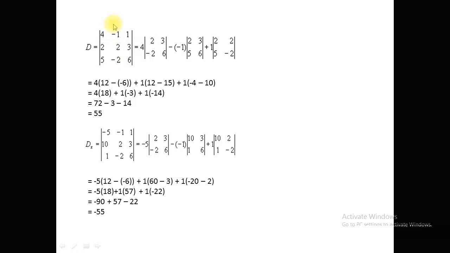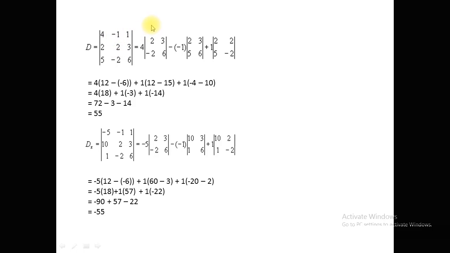Suppose here we want to find the determinant of this matrix by using the cofactor expansion along R1. The cofactor of 4 is equal to 4. Now deleting the first row and first column, we obtain the minor matrix 2, 3, minus 2, 6. The other cofactor will be negative, since the position of minus 1 is the first row and second column.